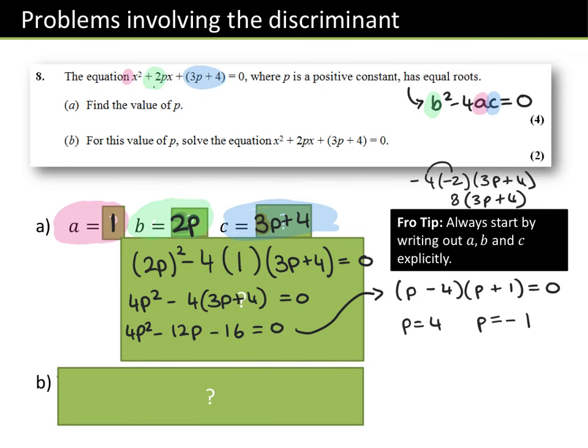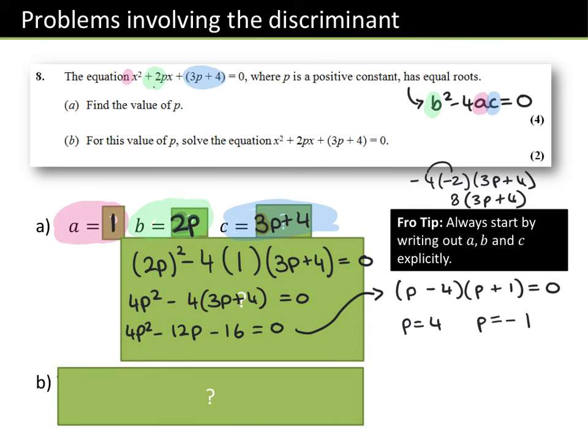So for this value of p, solve the equation x squared plus 2px plus 3p plus 4 equals 0. We have 2 values for p, so imagine it's like quadratic simultaneous equations. I've got to put those 2 values of p into the original equation to get 2 outputs.